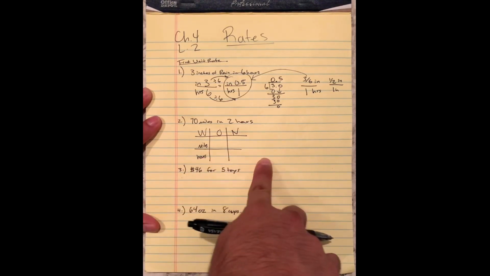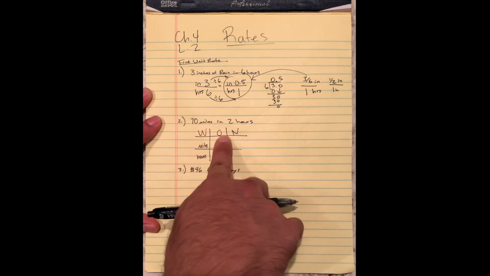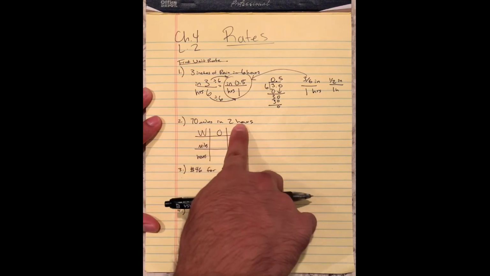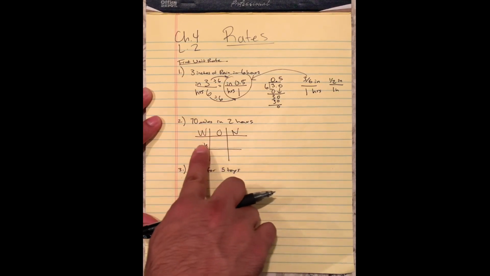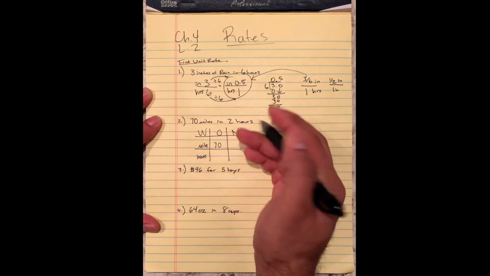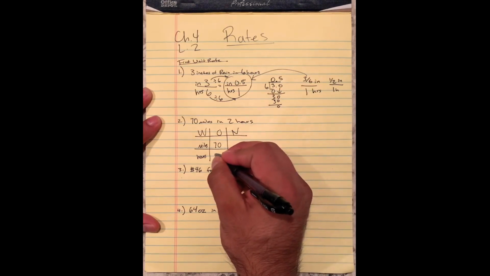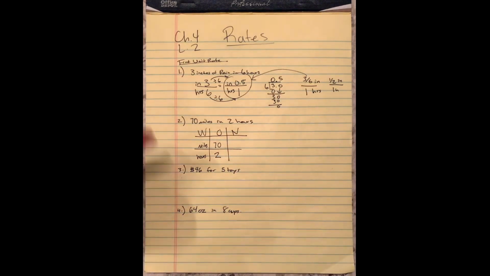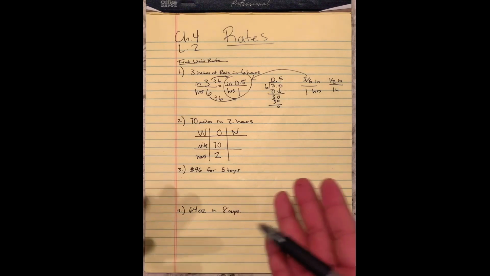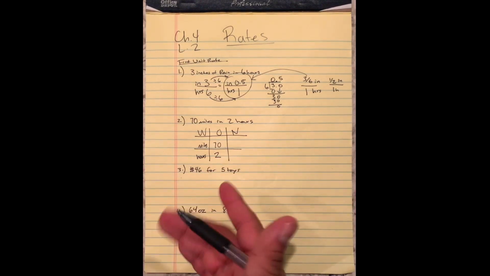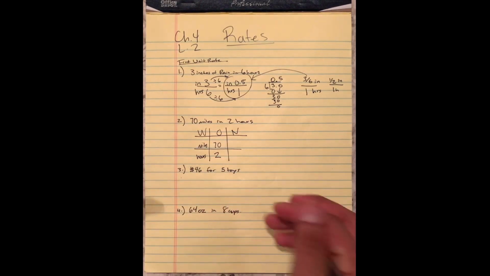This section is for hours, okay? Original, O stands for original numbers. Original number for miles is 70 in 2 hours. I don't know, this could be how fast the car is driving, okay? But we want to know how far, or the unit rate of 1 hour.